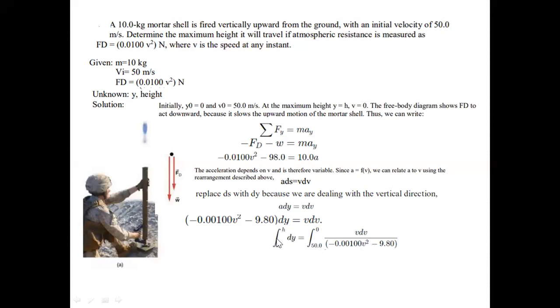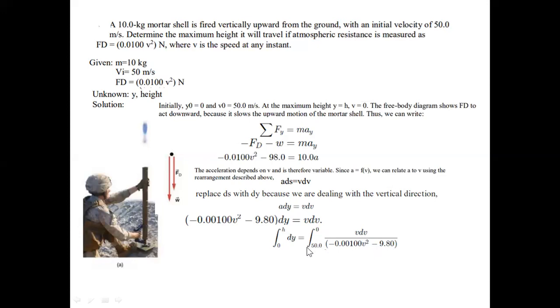Now, our limit for dy, since this is height and we are required to determine the maximum height h, or y, but since this solution provides us h as an unknown variable as well, we're going to start from 0 up to our upper limit, the unknown variable h, equal to the limits for the velocity, v dv all over negative 0.001 v squared minus 9.8.